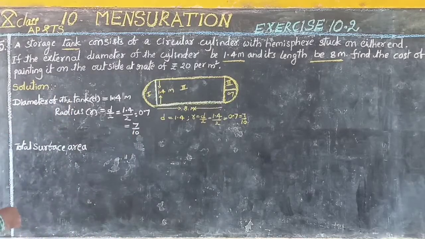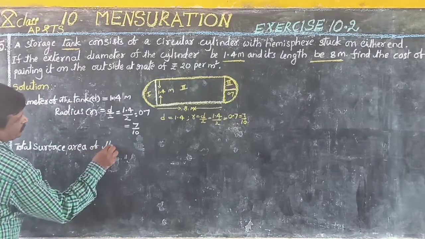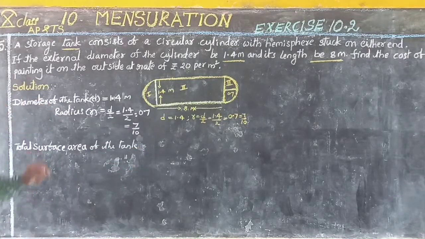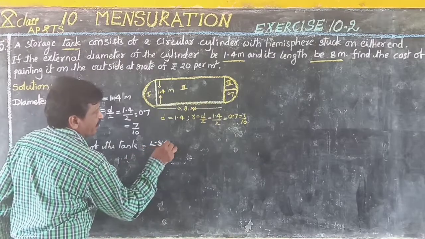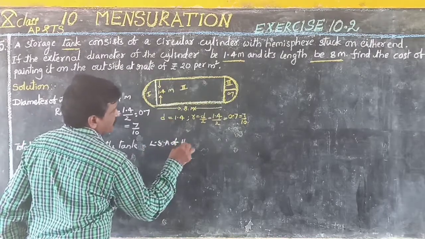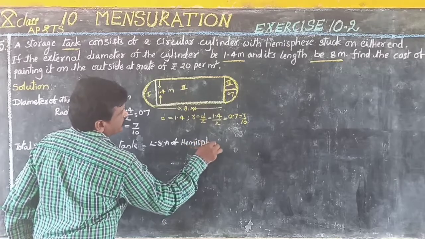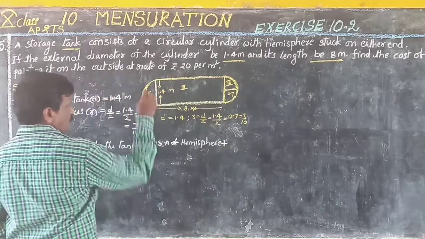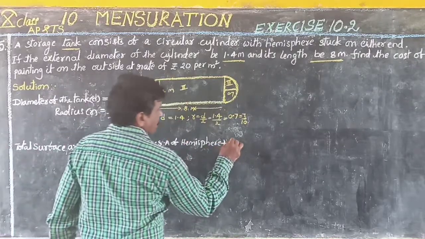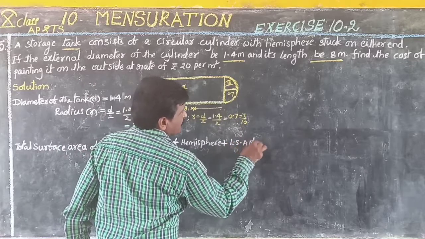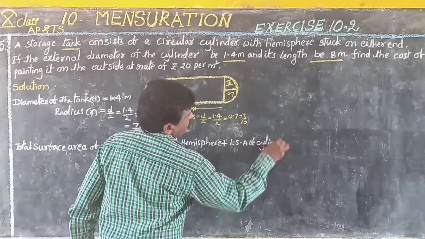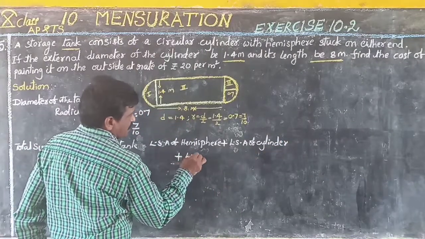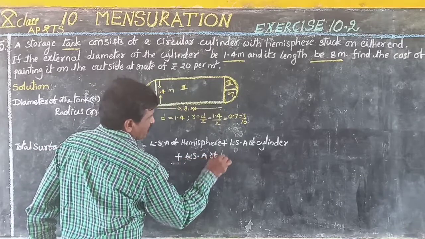Total surface area of the tank is lateral surface area of hemisphere part 1, plus lateral surface area of cylinder, plus part 3, lateral surface area of hemisphere.